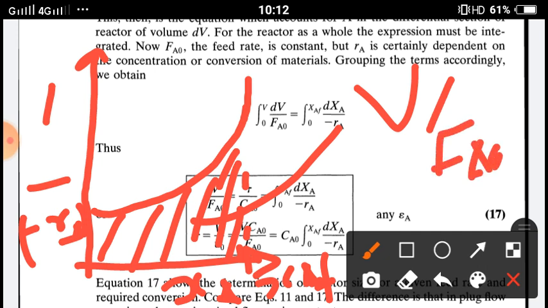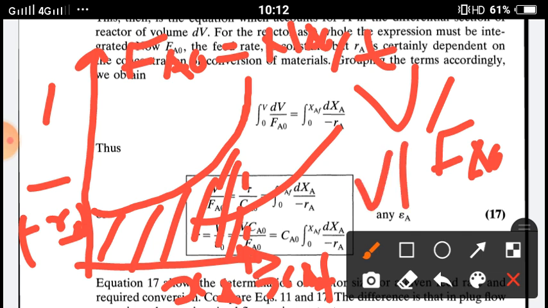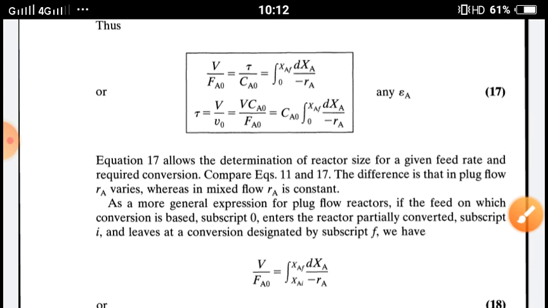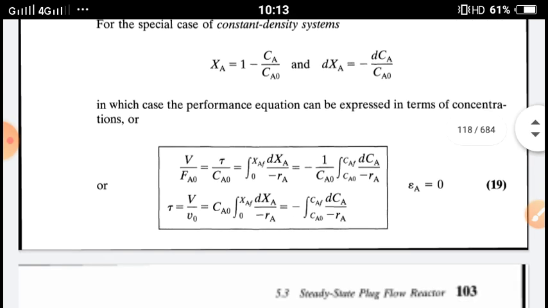Then we will have the value of Fa naught from Fa naught divided by Na naught upon t, and from that we can calculate the volume of a PFR reactor. So this is how we represent the PFR performance equation in the form of a graph. You need to remember that we can use this graph for CVRS and VVRS both.